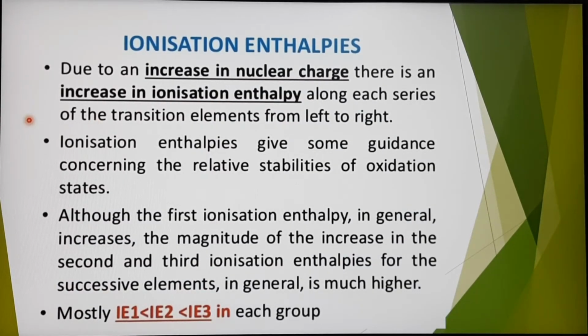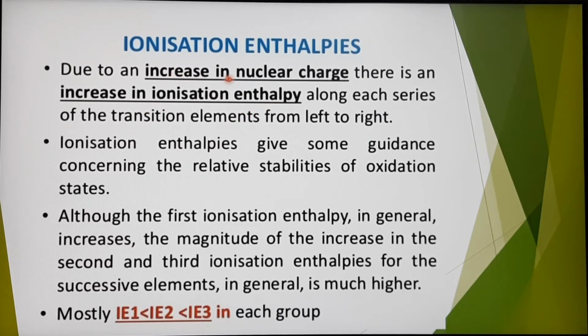The next property is ionization enthalpies. In the transition series, if we move from left to right, the trend is general, that is, on moving left to right ionization enthalpy increases because of the increase in effective nuclear charge.